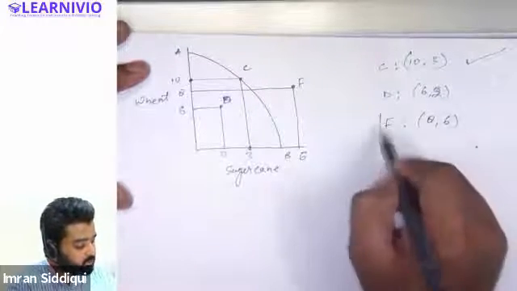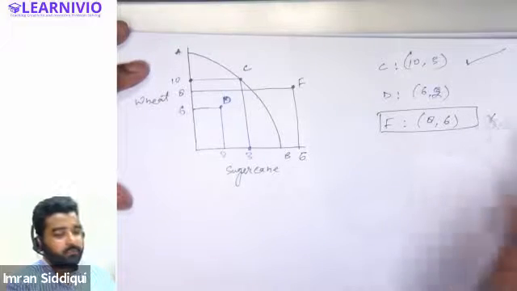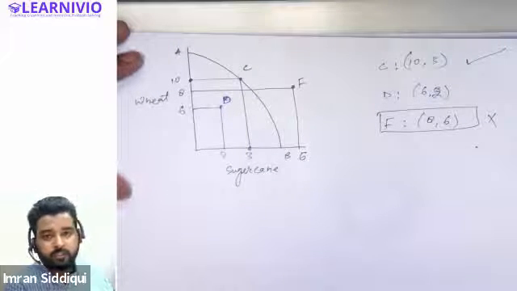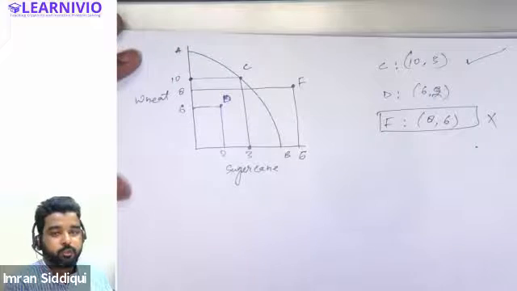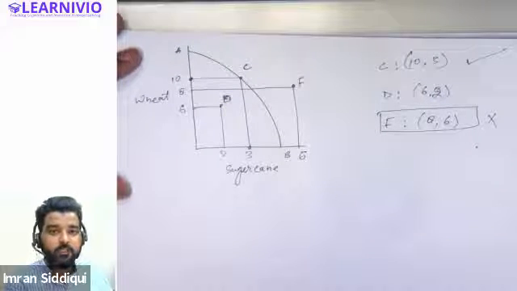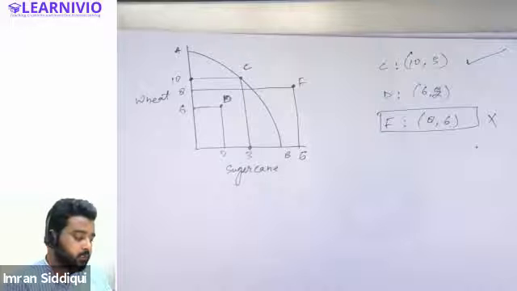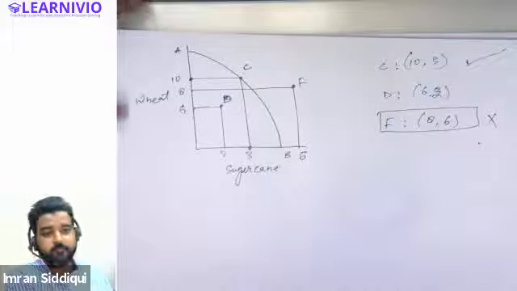Because this combination goes beyond the production possibility curve, we will say that the producer will not be able to produce it because of the limitation of resources. He does not have enough resources for producing combination F.